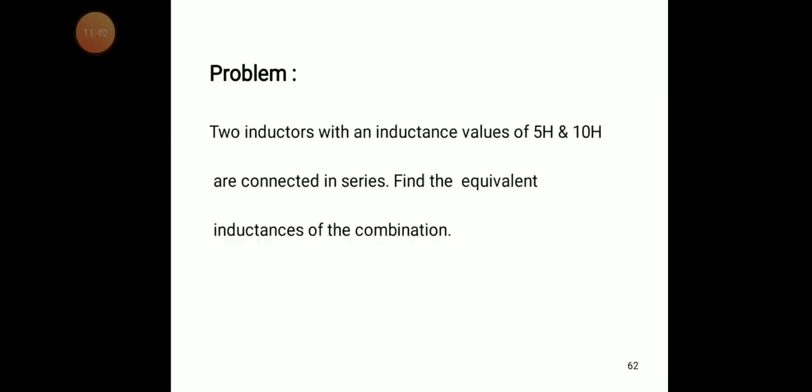Now let's discuss one problem on the series connection of inductors. Two inductors with inductive values of 5 Henry and 10 Henry are connected in series. Find the equivalent inductance of the combination.